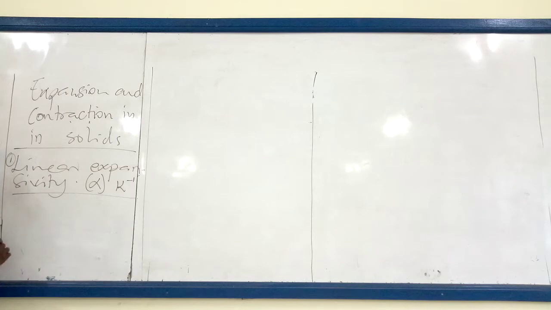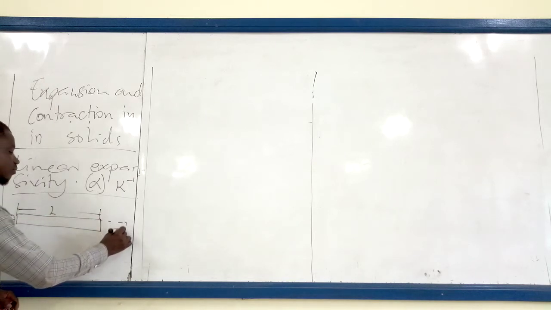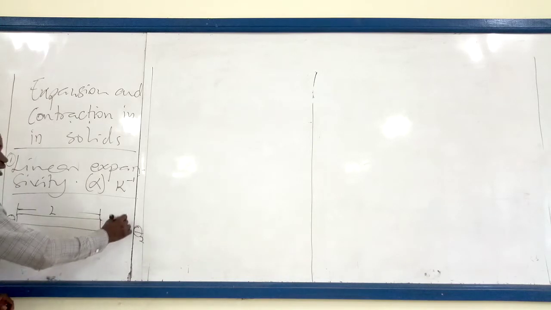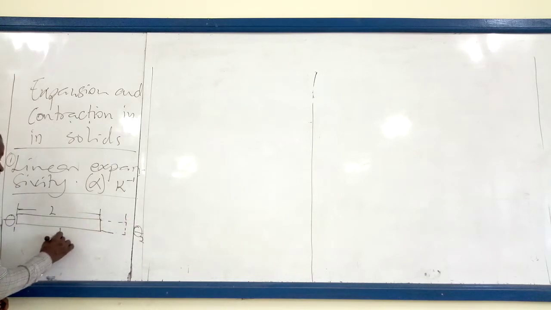Good. So let's consider a metal of length L and temperature θ1. This metal is heated up to temperature θ2, such that there is a new length, LF, and the old length, let's call it L0.